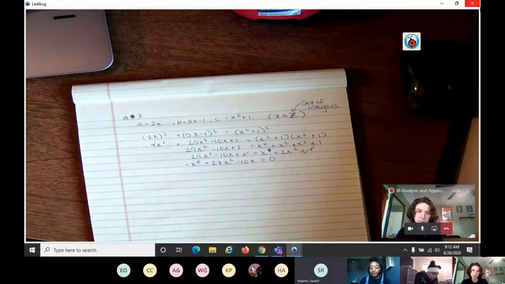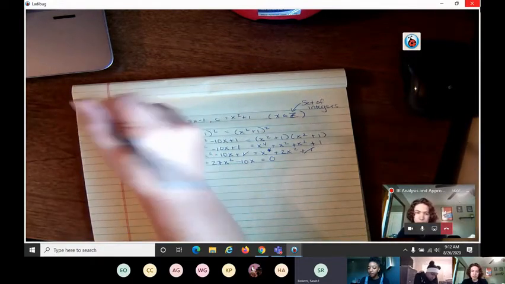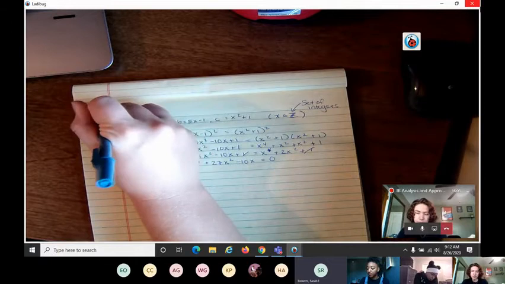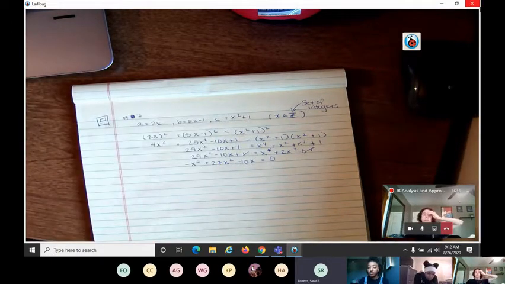In your book, it has a little calculator picture on the side. That means that this problem is calculator active. Do you see how we have a quartic function right here?